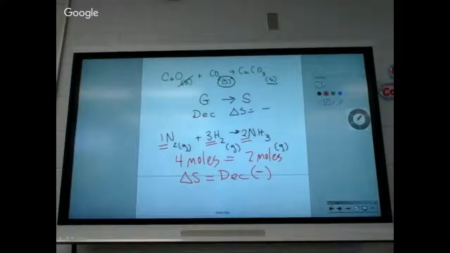And I actually have the holes punched to the wrong side of this. We're doing the back side. We're doing the side that says entropy. All right, you're telling me increase or decrease? Tell me increase or decrease?